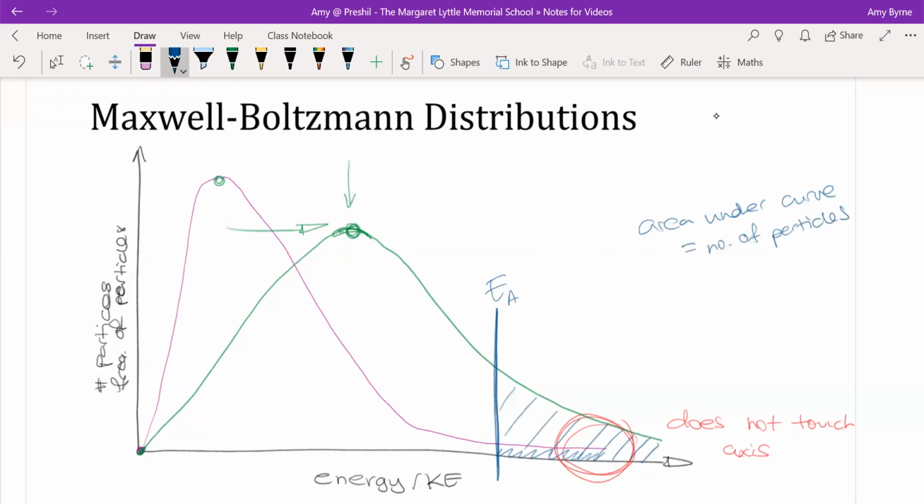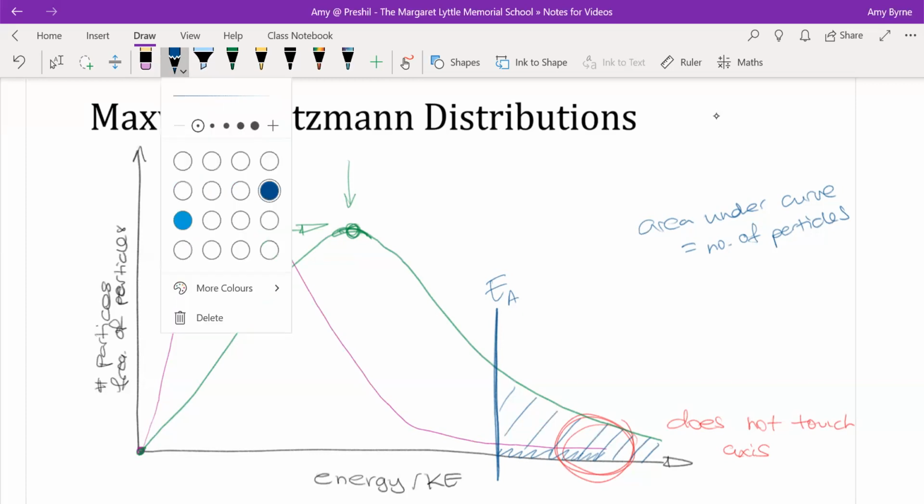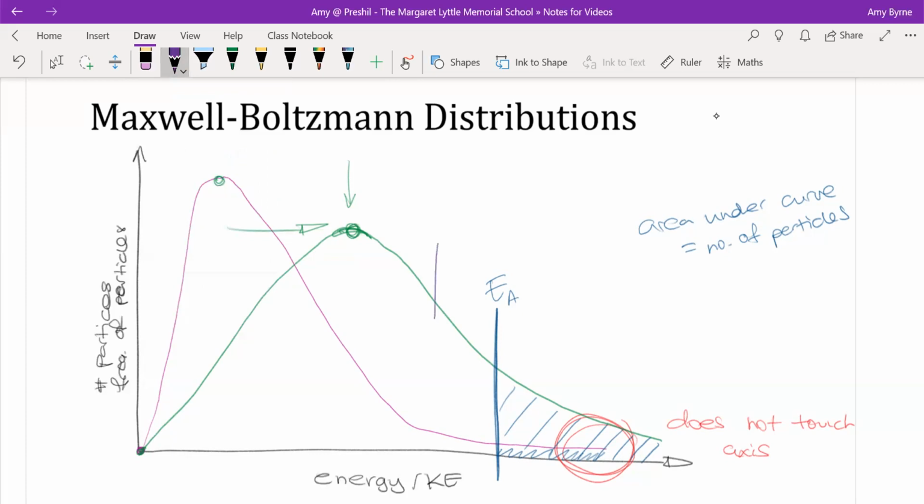So my green curve has a much greater number of particles that are greater than or equal to that activation energy. What does adding a catalyst look like? Adding a catalyst looks like shifting my activation energy down.